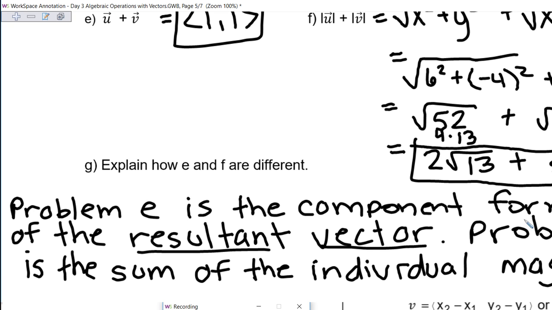So problem E is just the resultant vector. Problem F is the sum of the magnitudes of the individual vectors.